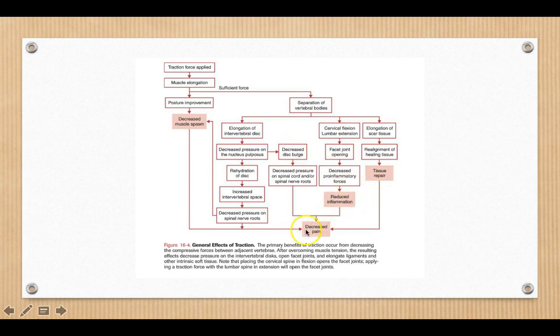That will reduce inflammation, which would also decrease pain. We can also elongate any scar tissue and maybe joint contractures that have happened in the area, which will help realign those healing tissues and help with tissue repair, which would also lead to decreased pain.